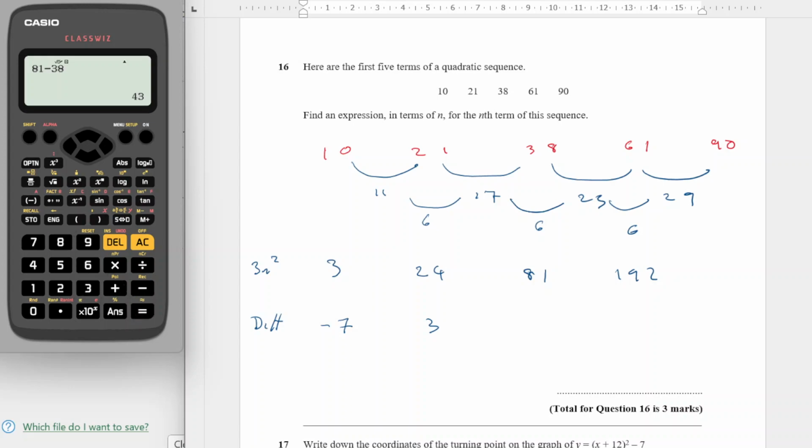So we've got a difference of 43 there. And then for the next one, we've got a difference of 192 minus. I feel like I've lost one. Minus 61.